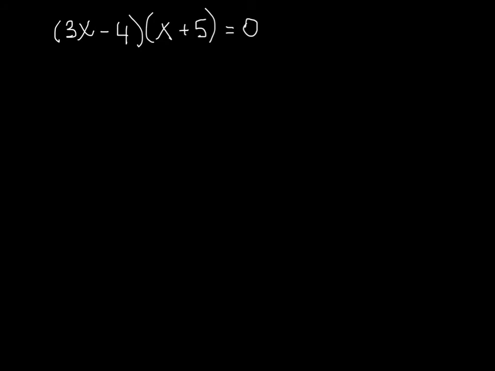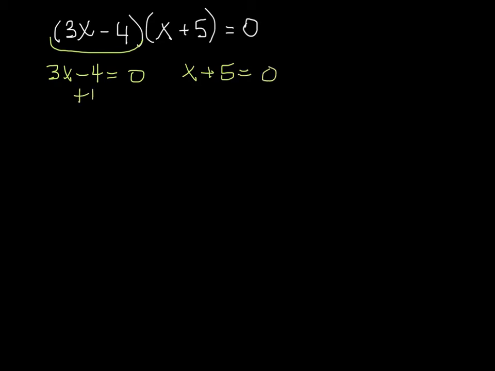This is a product of two binomials, and this is one that gets frequently messed up, so pay attention. I do not want to FOIL this out to solve this. If I solve this, I want to take this first binomial, set it equal to 0, and solve it, and the second binomial, set it equal to 0 and solve it.